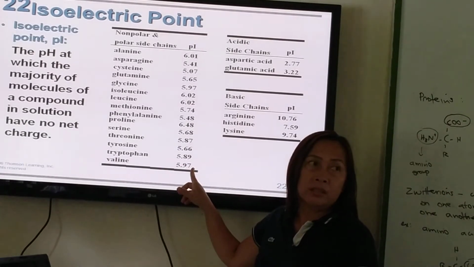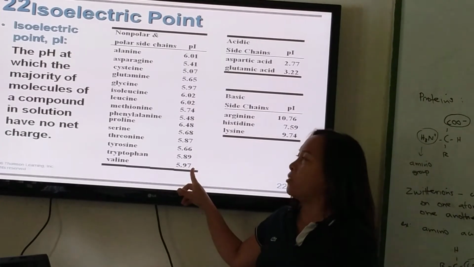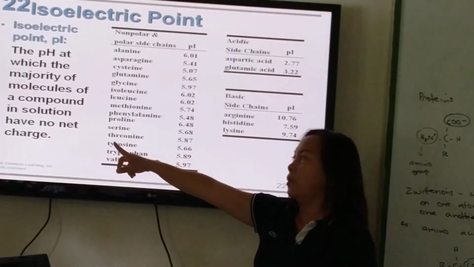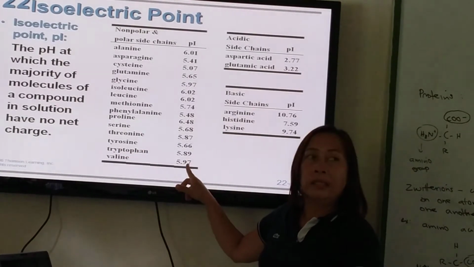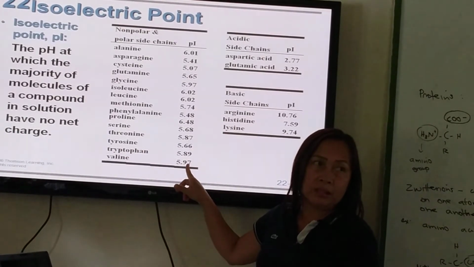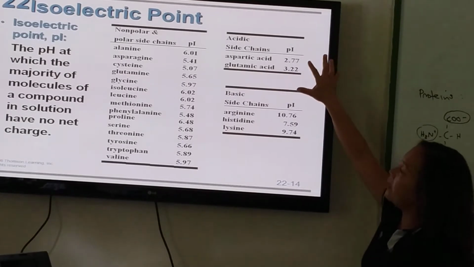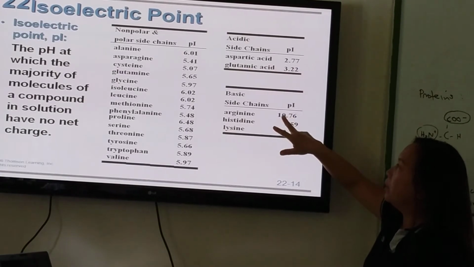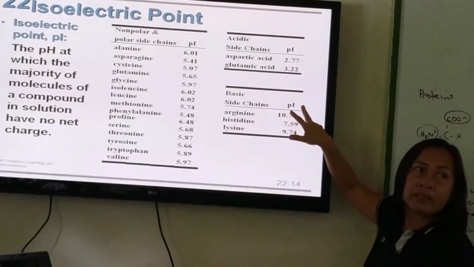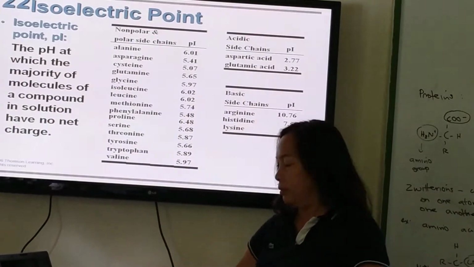So again, when you say isoelectric point, that is the point at which the compound has no net charge, neither positive nor negative. That is what we call the isoelectric point. For aspartic acid, it is 2.77. What is this, PI, isoelectric point? Okay. So, any question?